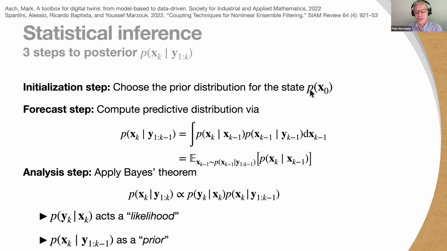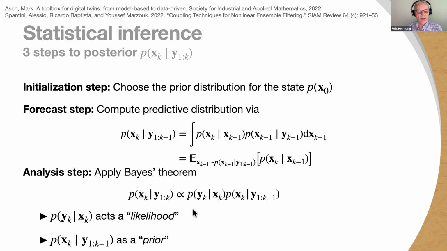So for instance, you start injection at a particular position and a particular rate, and then you have to compute the predictive distribution through this integral, which links the state at the previous time step to the current state, and then you apply Bayes' theorem to get to the current time rather than the previous time.